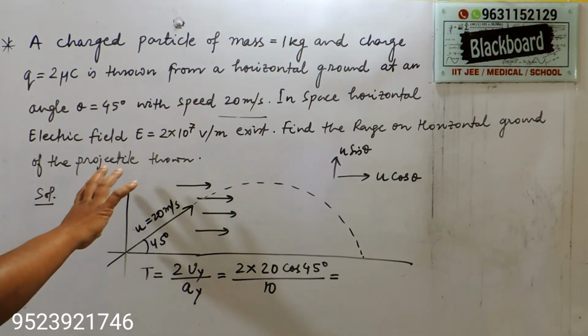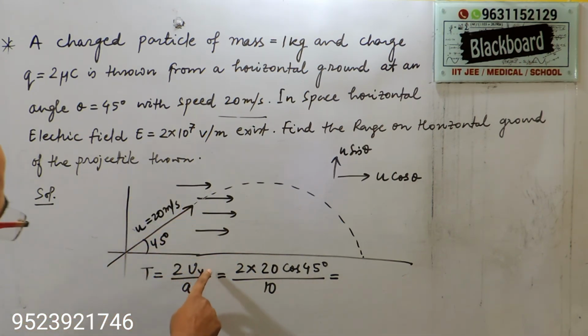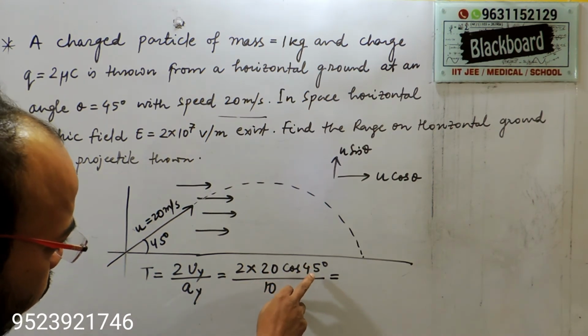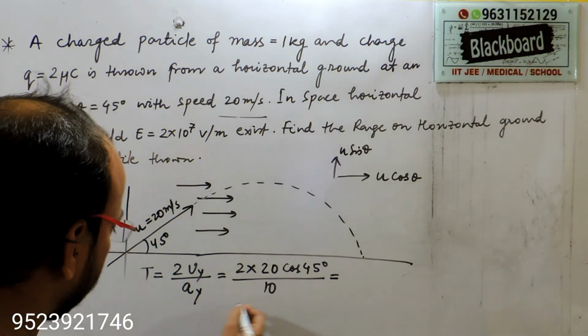Here the path of the particle will be a parabola, but along the x-axis also the motion of the particle will be accelerated. So the time of flight of the projectile will be 2uy by ay. Here 2uy is 20 cos 45 and ay is g.